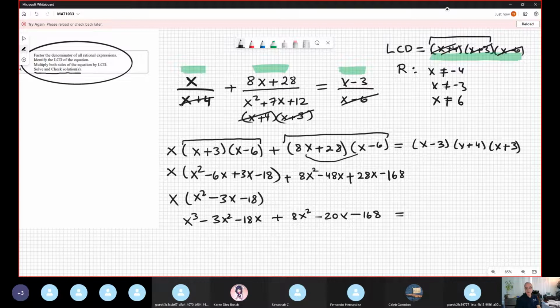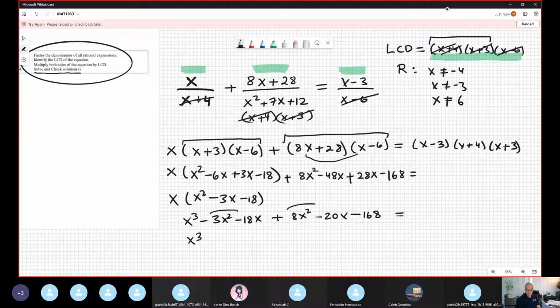If you want, you move to the right hand side, or you highlight the term here, why not? This is x cubed.